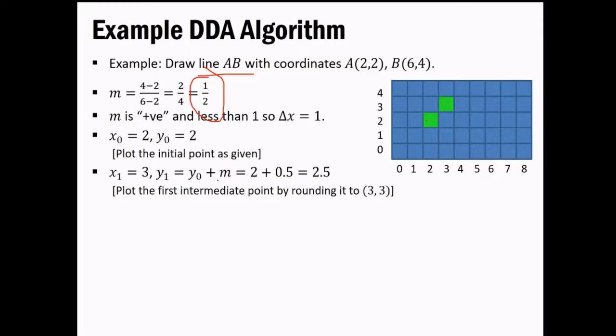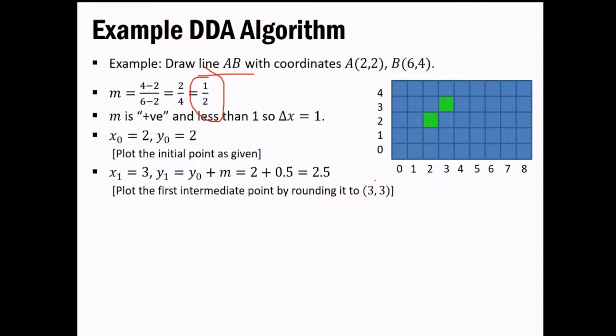The value of y0 is 2, plus the slope that we calculated, 0.5. So we got 2.5. We have to round it off to the nearest value, which is 3. So the very first point that we have calculated from the given equation is (3, 3).